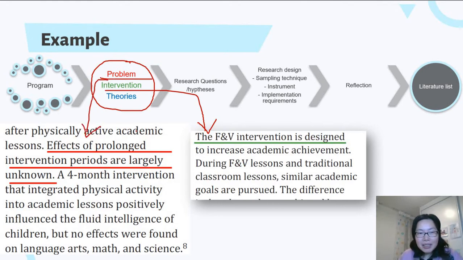The problem is that the effects of a program which may take a little longer are still unknown. Most of the previous research which incorporates physical activities into academic lessons is normally very short. So there is no research focusing on the long-term effect. So this is the problem, and that is why they use this intervention.